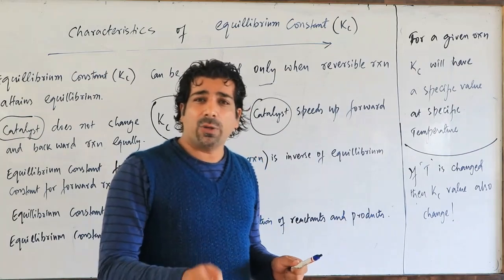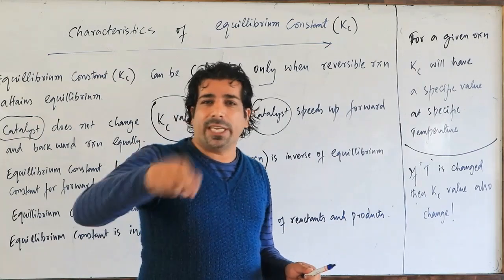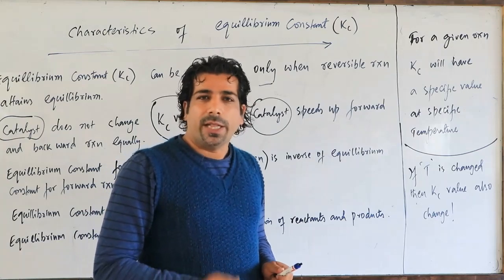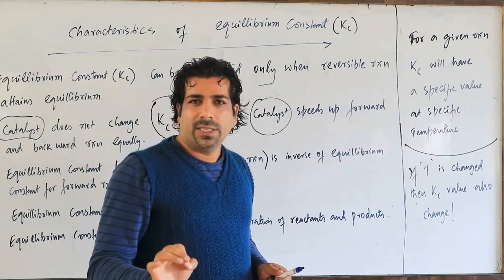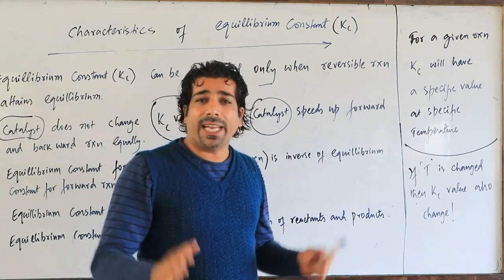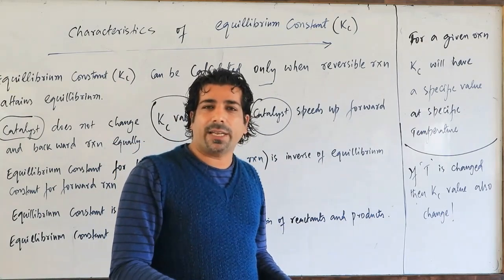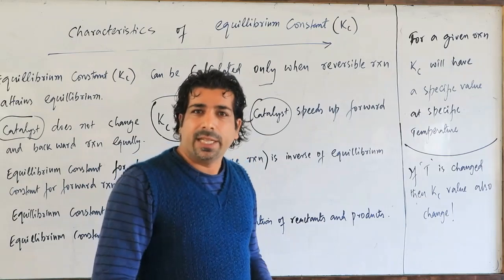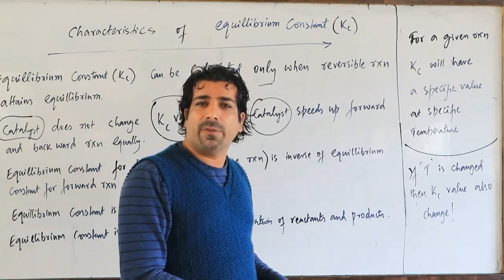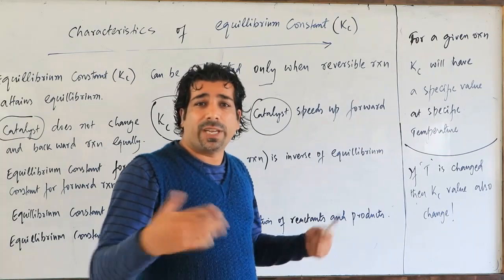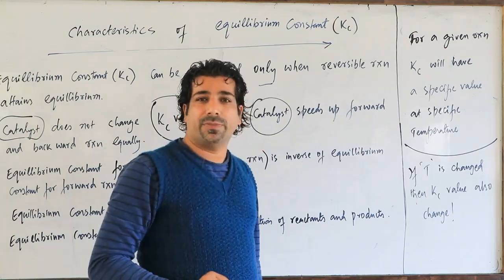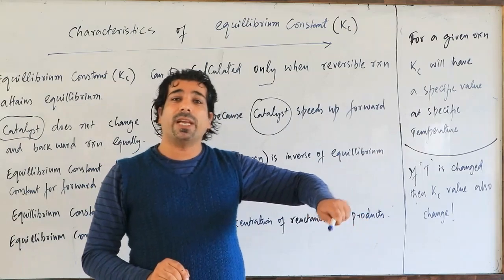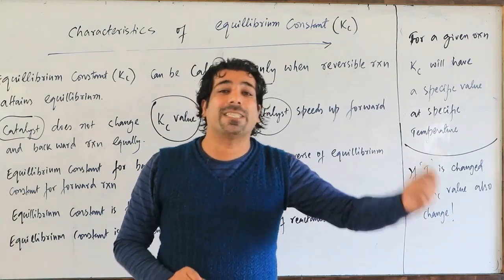But if you carry out the same reaction at temperature T1, now for this same reaction Kc value is, let us suppose, X1, and that's constant. If you carry out the same chemical reaction at temperature T2, now the Kc value for the reaction will be X2. So that X2 is constant at that particular temperature, so Kc value will be constant with respect to a specific temperature.